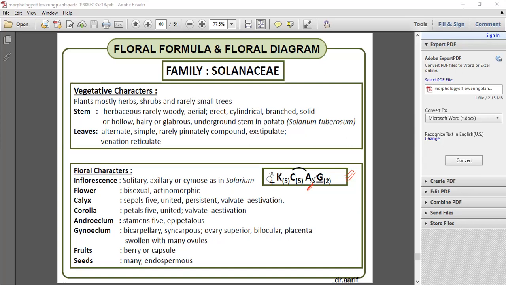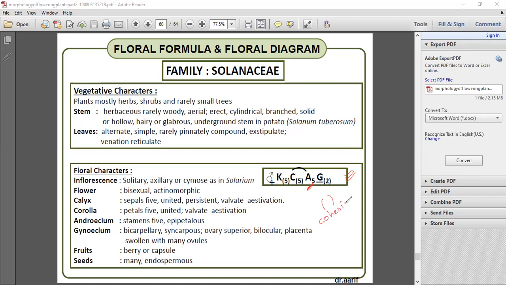Yes ma'am. So androecium is fused with each other. How do you understand that? No ma'am. Is it adhesion or cohesion? Tell me. When I write inside the bracket, it says cohesion.